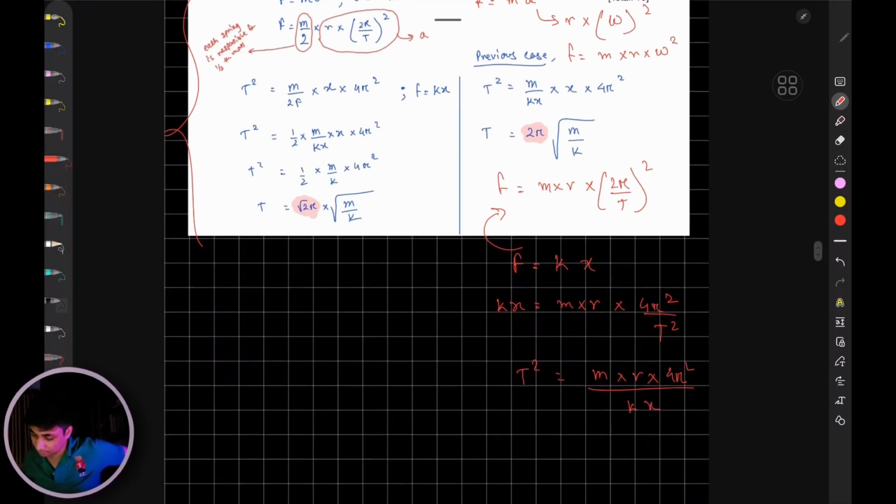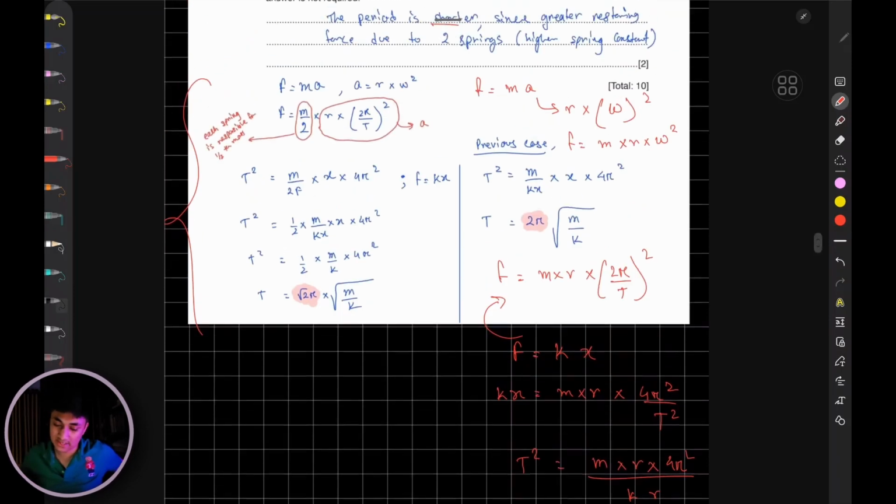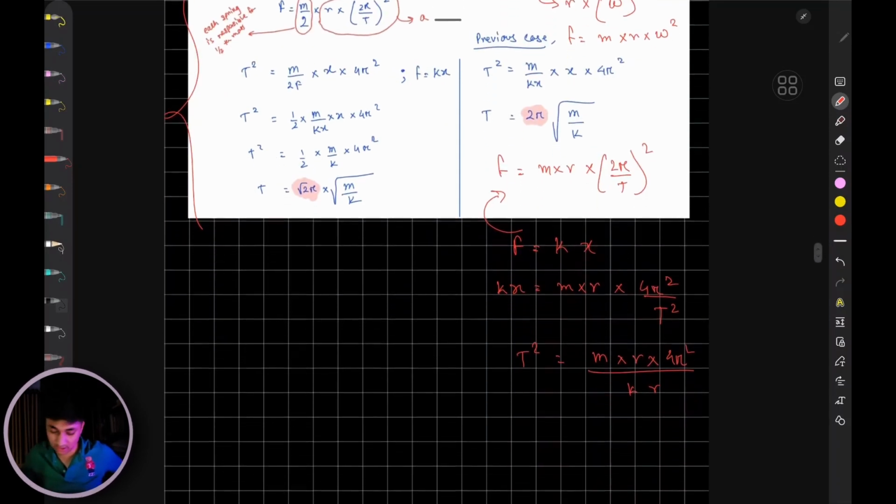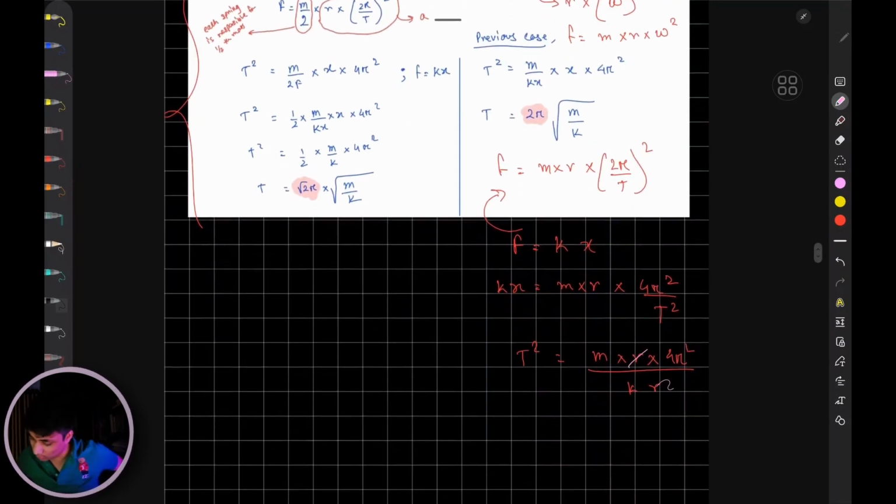Fair enough. Now this x, by the way, is basically displacement, so I can write the x as R, because initially I wrote the x as R over here. Doesn't matter, it's the same thing. So I can cancel both the R's out, and you're going to be left with T square is equal to m times 4 pi square divided by k.